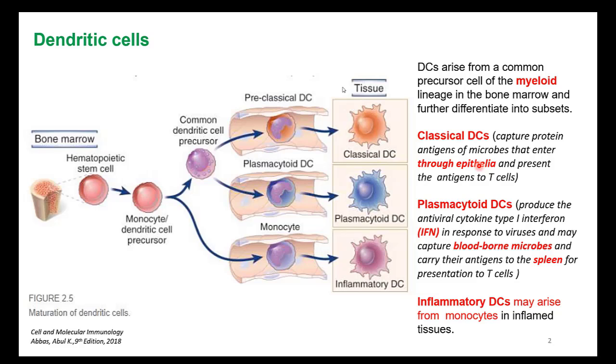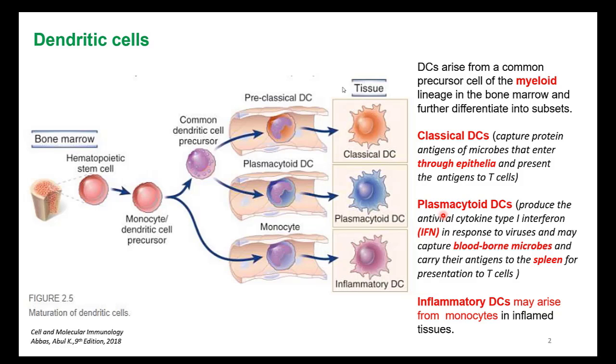They catch the pathogens, and then they travel from the site of catching the pathogen all the way to a lymph node or a secondary lymphoid organ to present it to T cells. So your dendritic cells are really the most effective cells that are linking your innate immune system to your adaptive immune system.